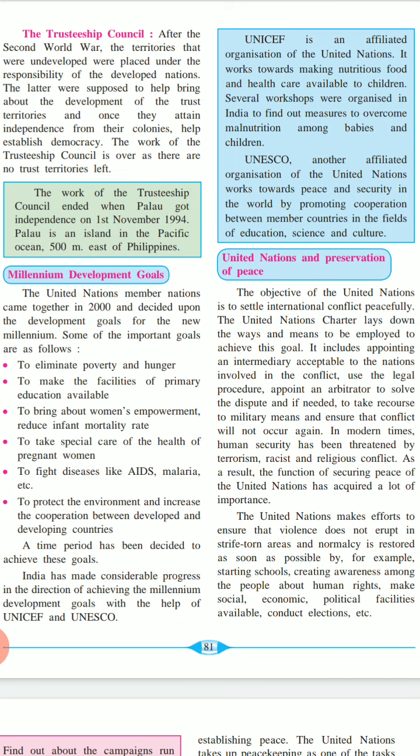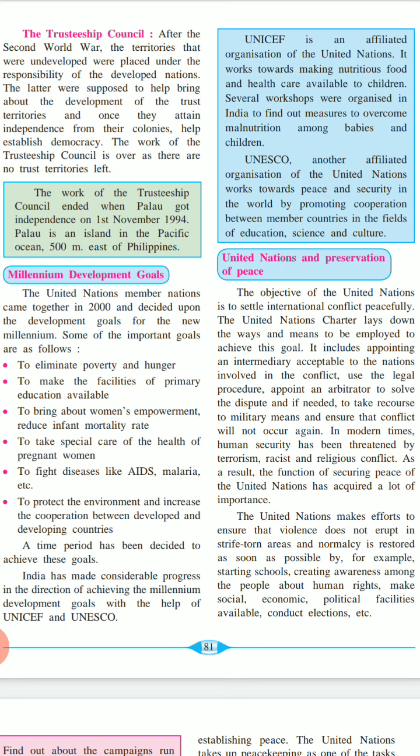So for whatever the six major points are, UNICEF and UNESCO are playing a very important role. UNICEF is an affiliated organization of the United Nations which works towards making nutritious food and health care available to children.